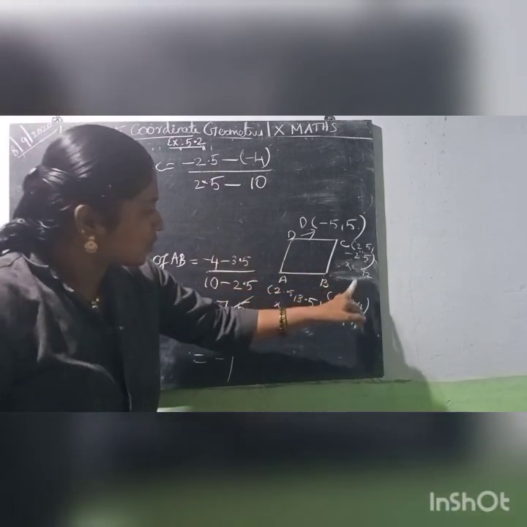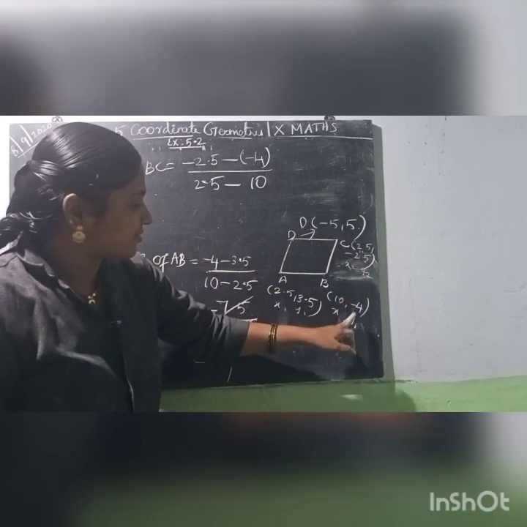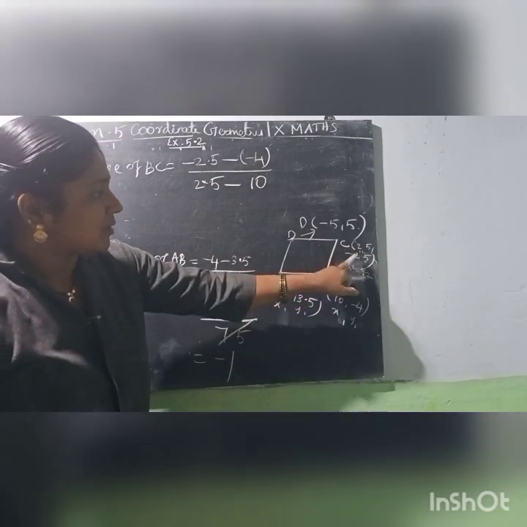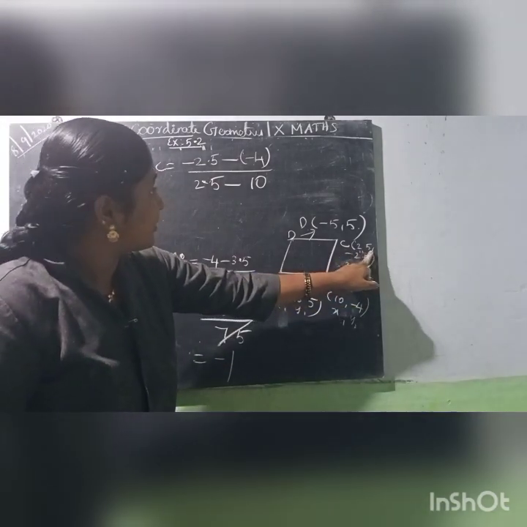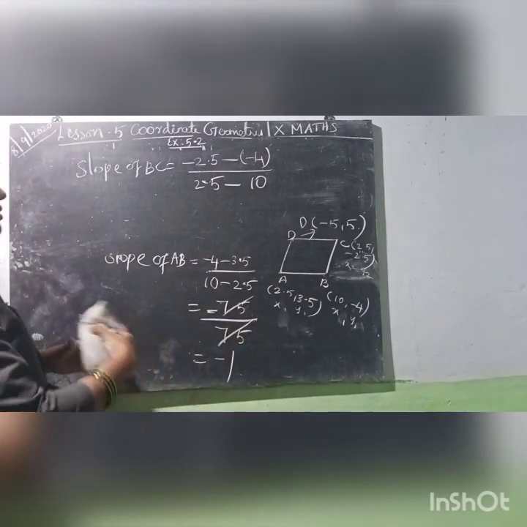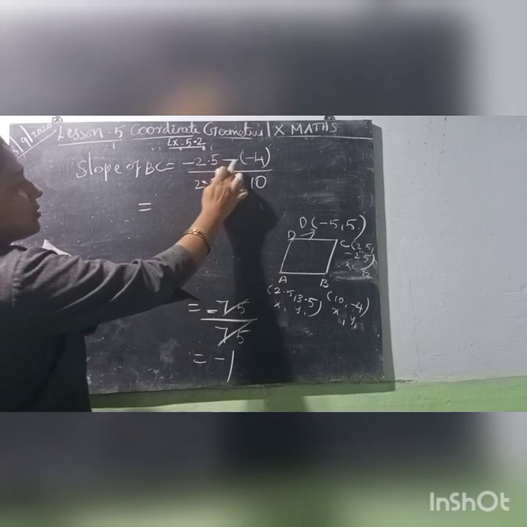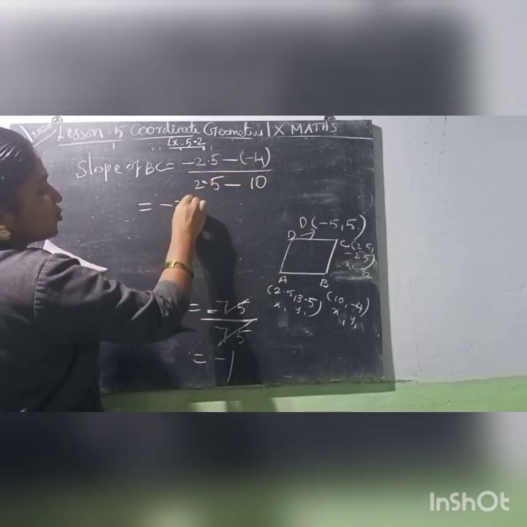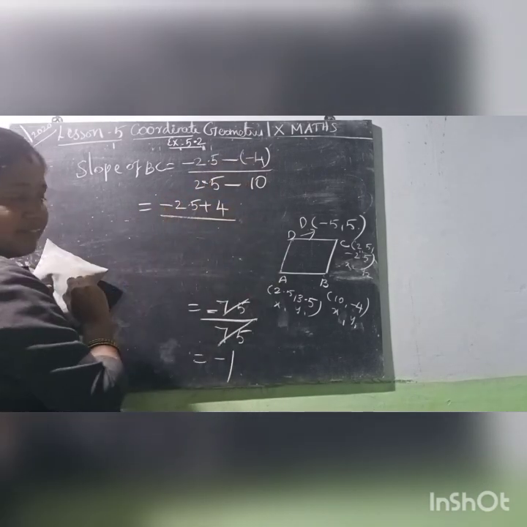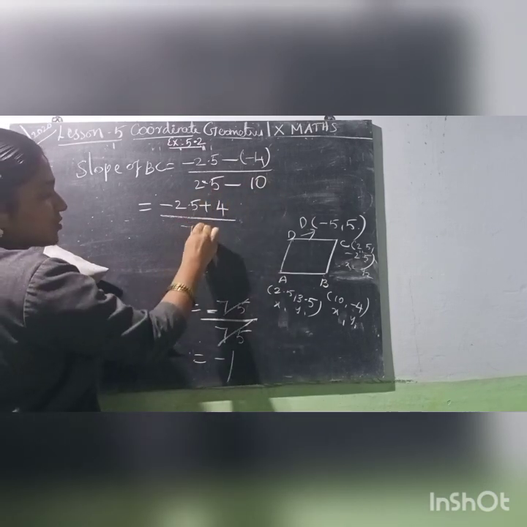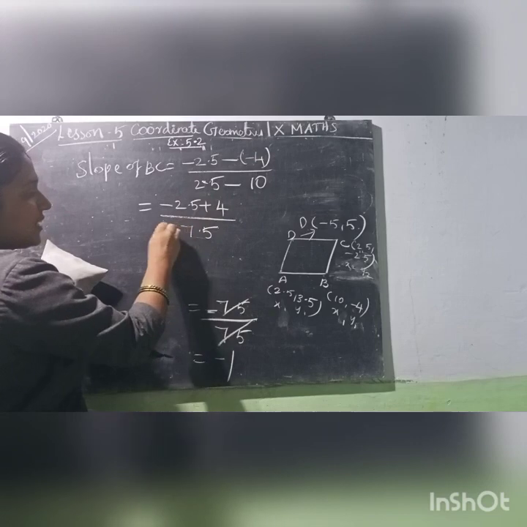y2 minus y1. So y2 value is minus 2.5 and y1 value is minus 4. Then x2 minus x1: x2 value is 2.5, then x1 value is 10. Minus of minus is plus. So minus 2.5 plus 4 divided by 2.5 minus 10. 10 minus 2.5 is 7.5, and the greater number has the minus sign.